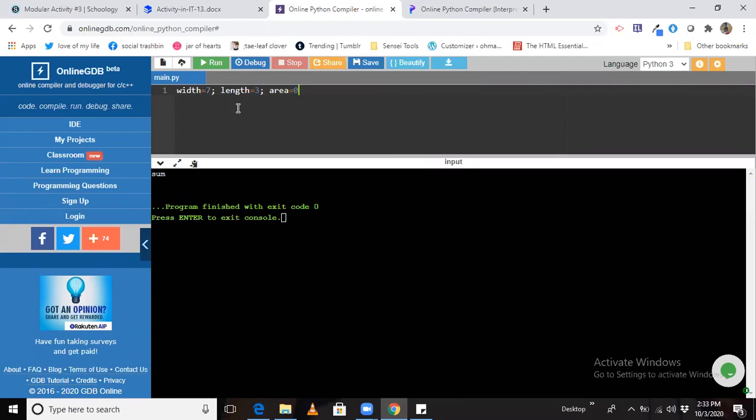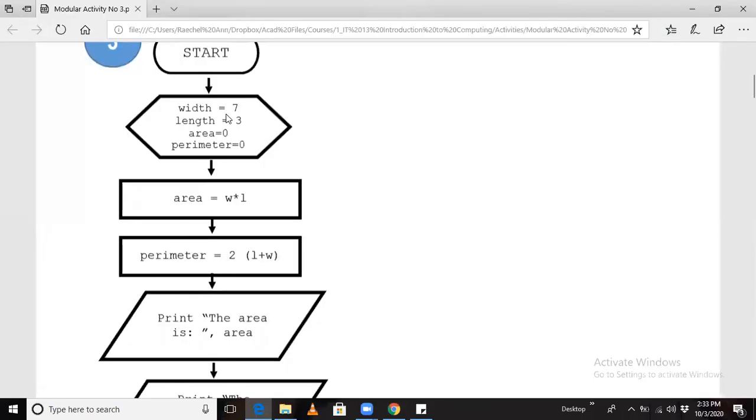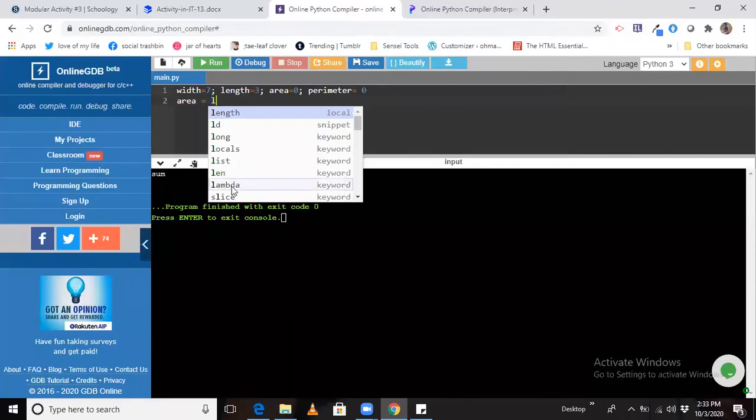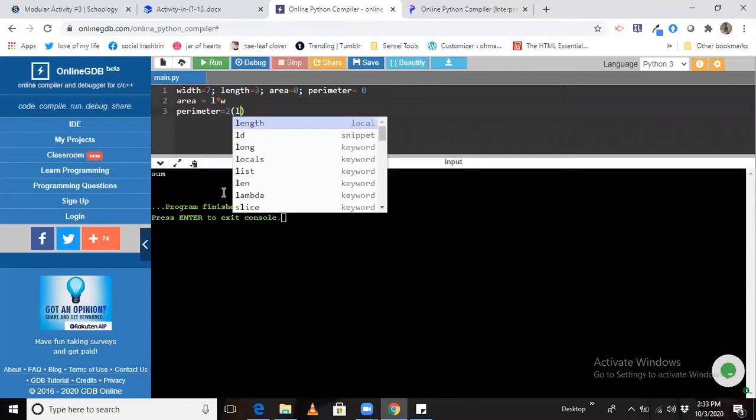And then perimeter gets 0. And then area is equals to width times length, and then perimeter is 2 multiply the sum of length.